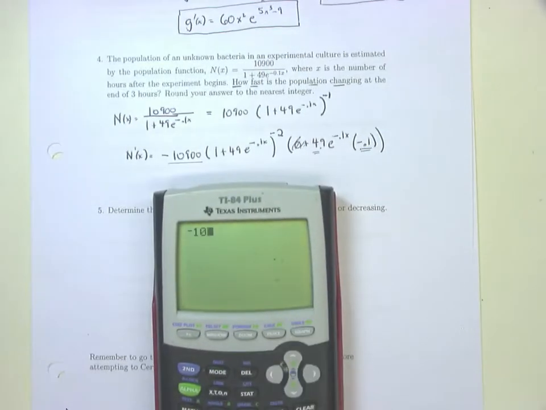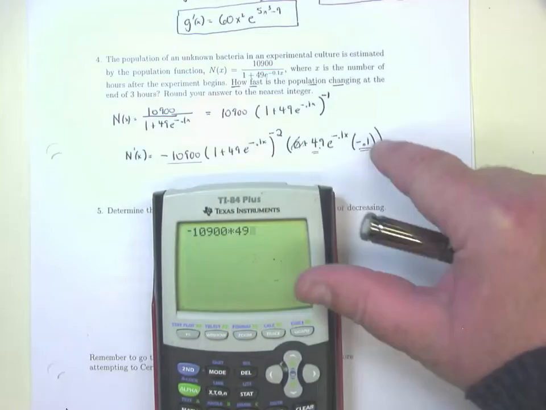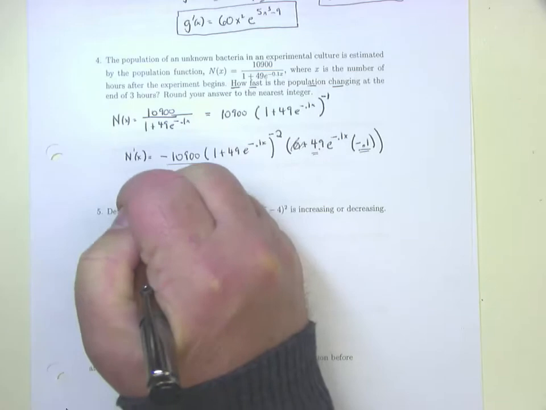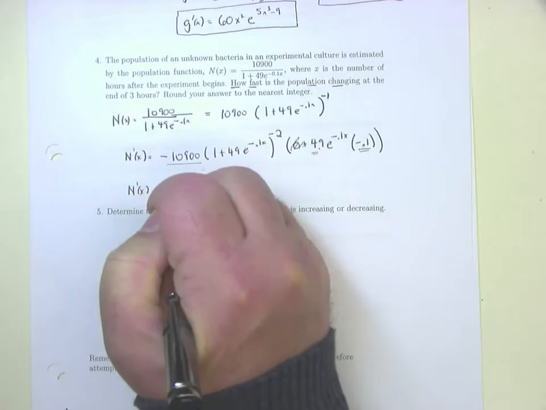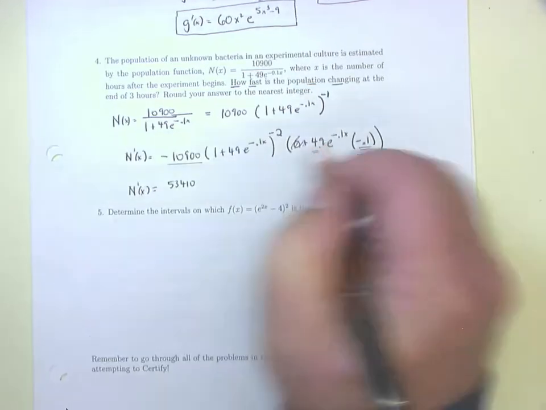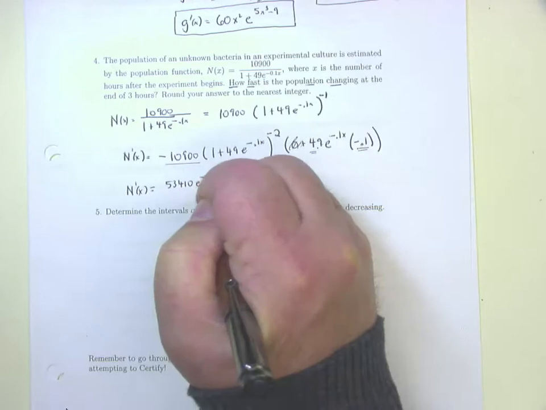Negative 10,900 times 49 times negative 0.1 is 53,410. So n prime of x is equal to 53,410, putting my constants together, times e to the negative 0.1x.